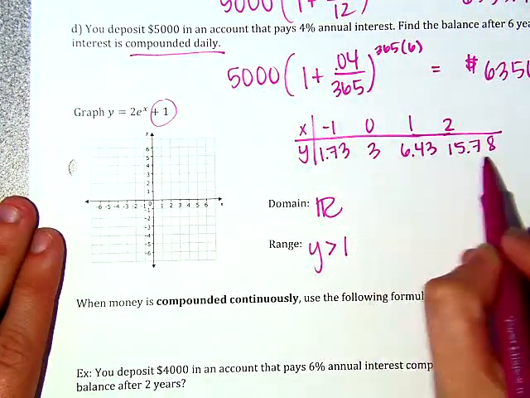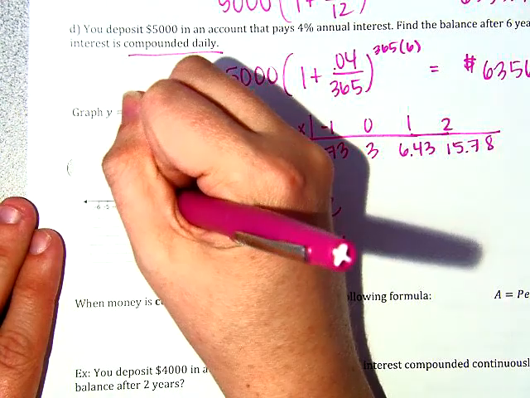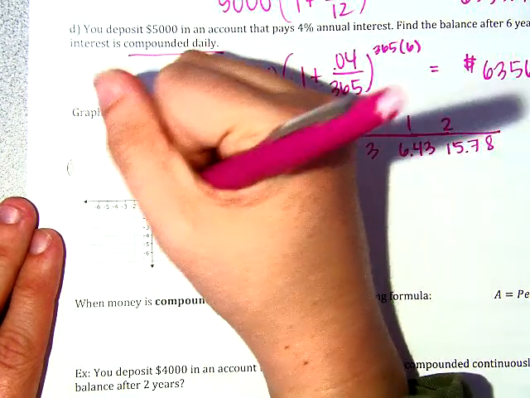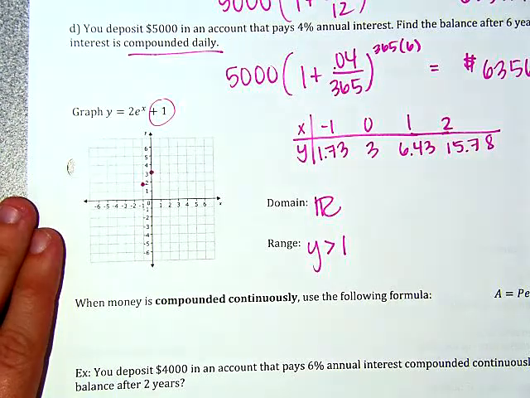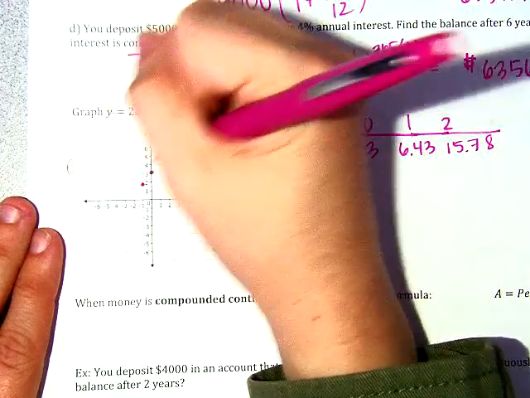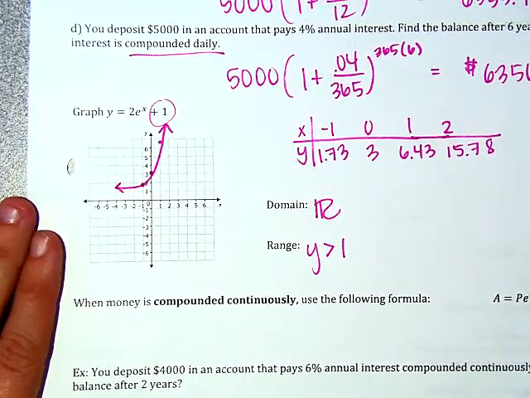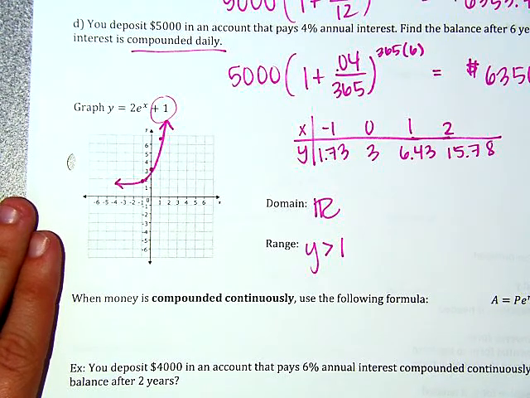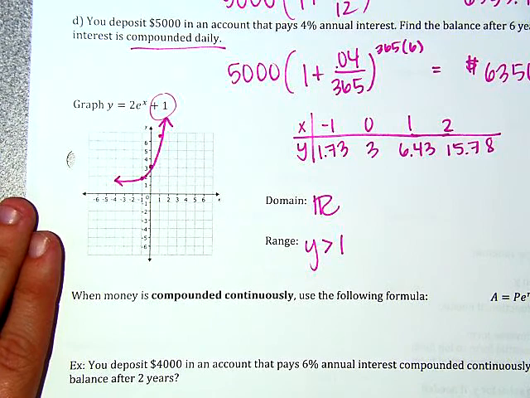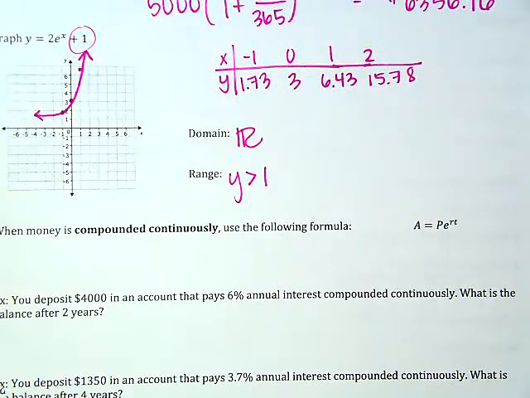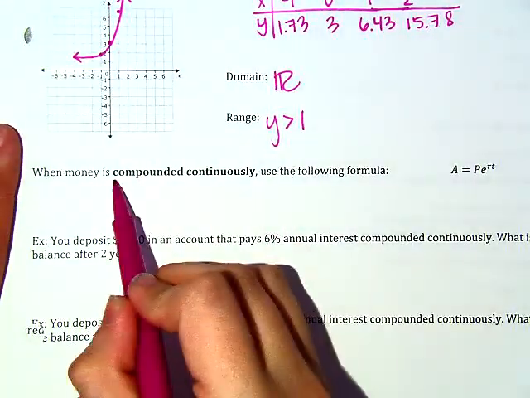So when I have my XY chart, I go -1, about 2. 0, 3, 1, almost 7, and there you go. Just like the other ones, except this time instead of being a number, it's just e, which is right in your calculator.